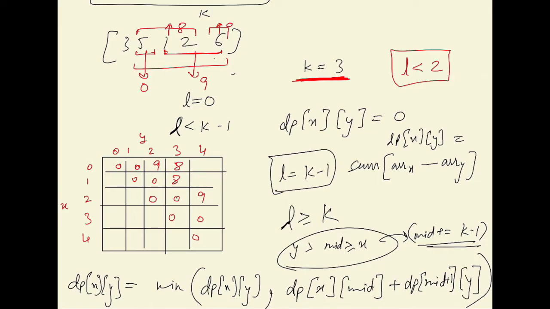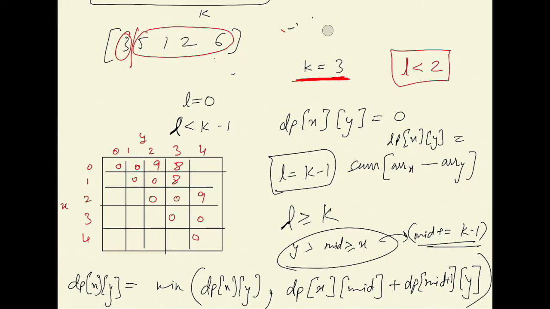Now let's consider our final subproblem. So here we can break. We have three options: 3 5 1 2 6, 3 5 1 2 6.